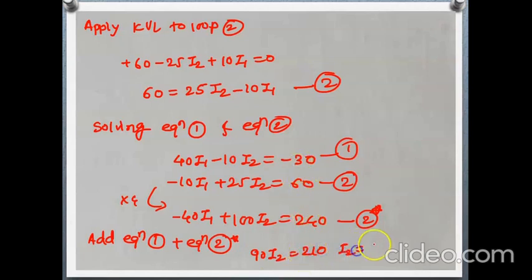So I2 will be 210 divided by 90, and we get 2.33 ampere. In this way we can calculate I2, and then by putting the value of I2 in either equation 1 or 2, we will get the value of I1.